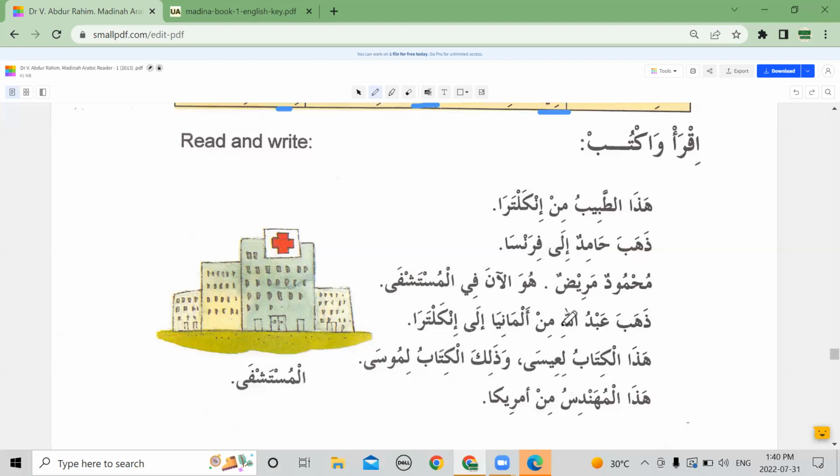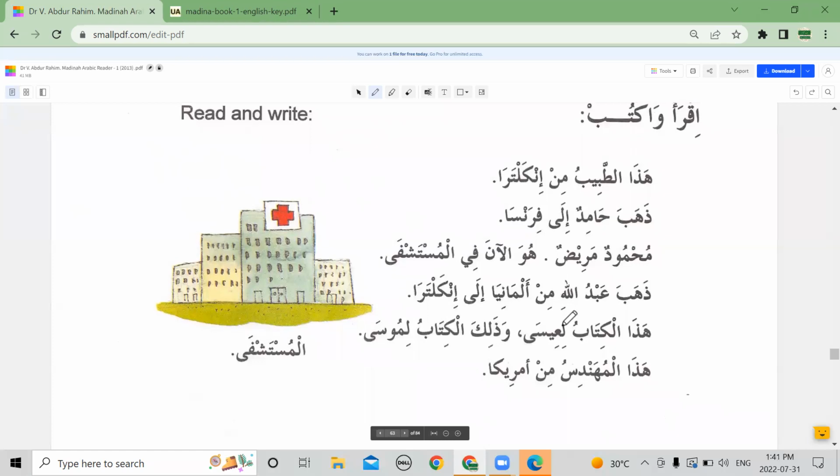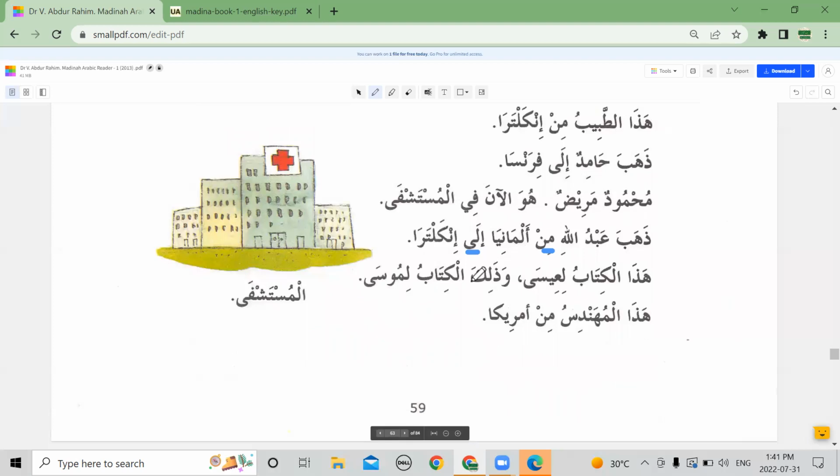Almania is Germany and Inkaltara is England. Abdullah went from Germany to England. Very good. So see here, min and ila, they are both harf of jar. They are prepositions, right? But Almania and Inkaltara remain the same with an a ending. It does not become e. It cannot become Almani and Inkaltari. Because they're stuck. They're names of places.